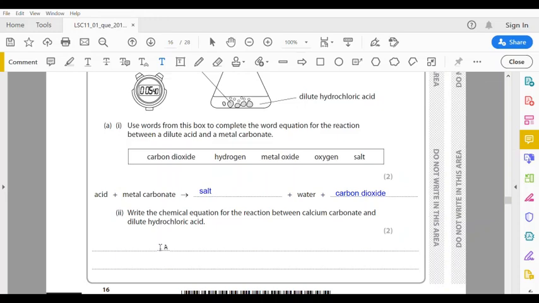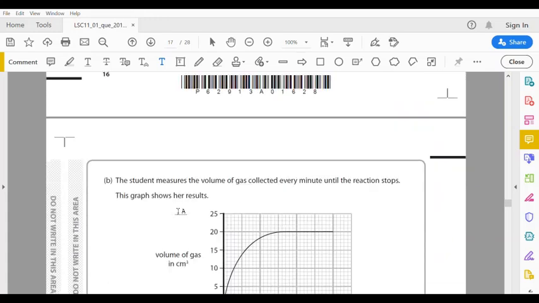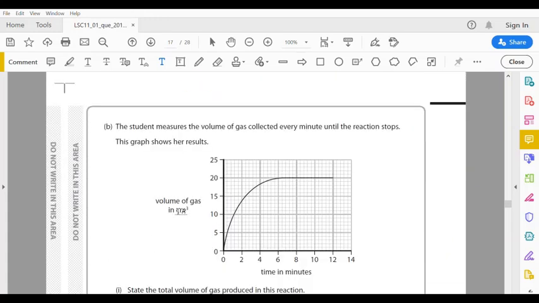Calcium carbonate reacting with hydrochloric acid will give calcium chloride, carbon dioxide and water. It's better if you can write the states also.